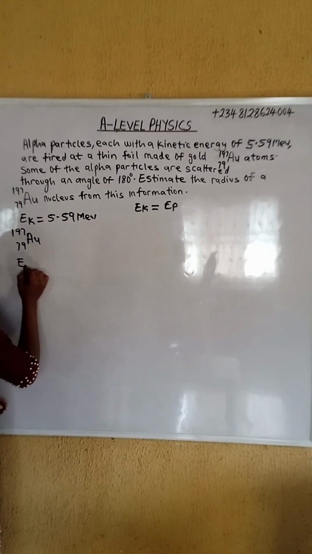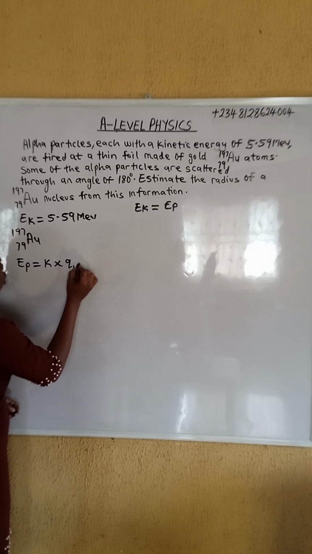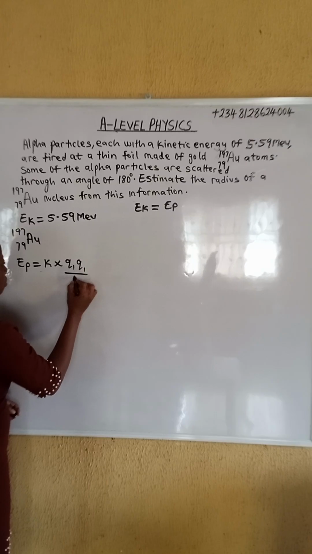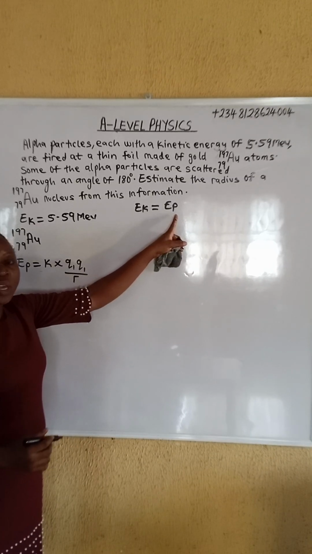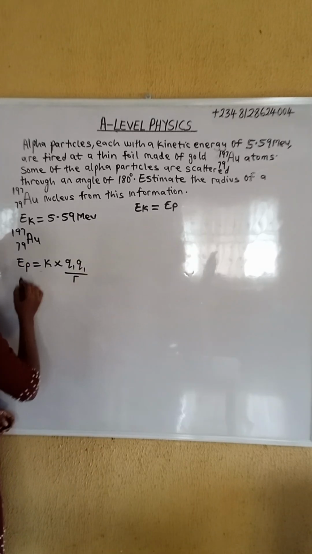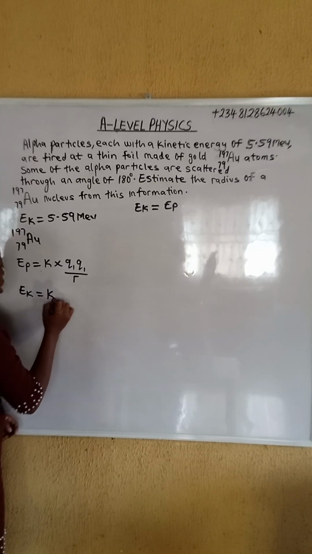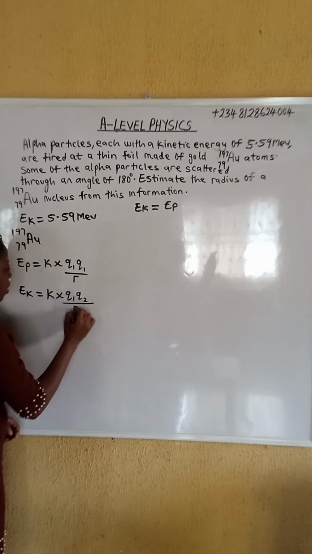Electrostatic potential energy is equal to k multiplied by Q1 Q2 divided by radius. So we can say that kinetic energy equals k Q1 Q2 divided by radius.